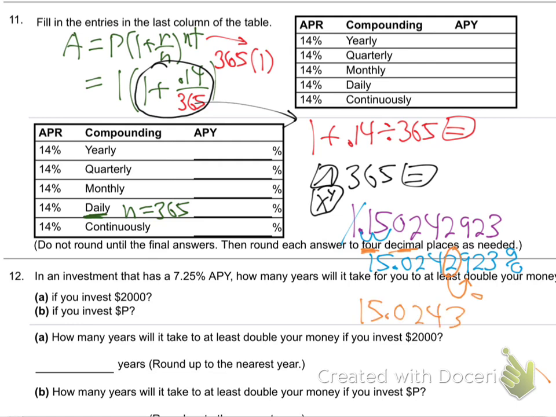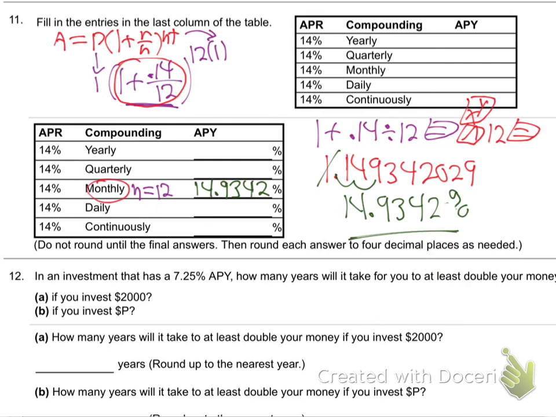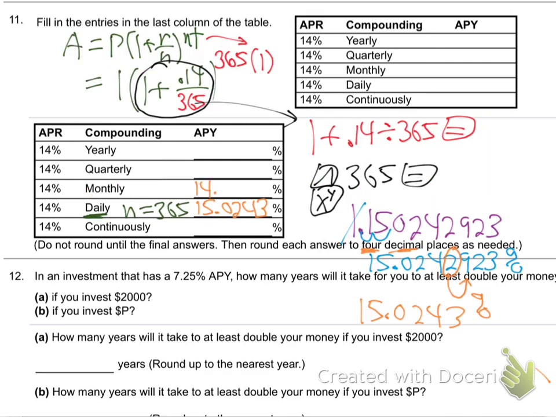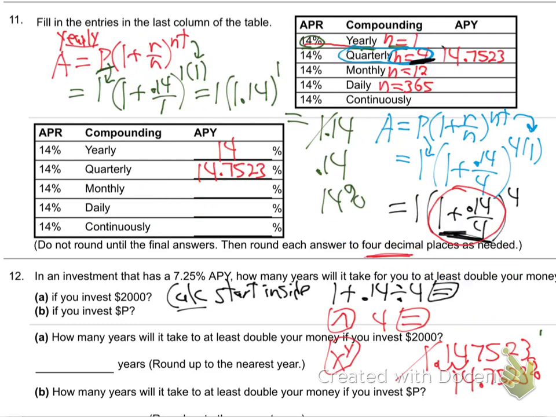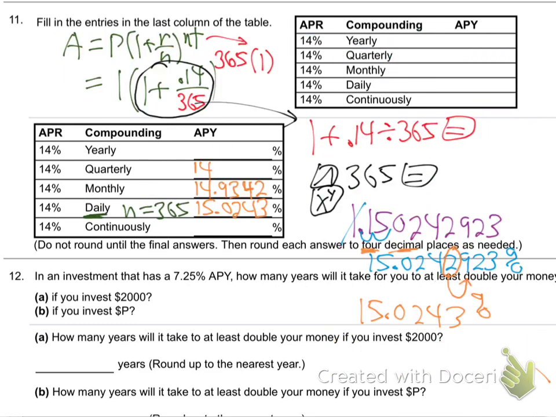Okay. Percent. So there it is: 15.0243. What were the other percentages? It was 14.9342, and 14.7523. I just want you to see how they're getting higher. Are we always going to go 4 places? No, they'll just tell you.